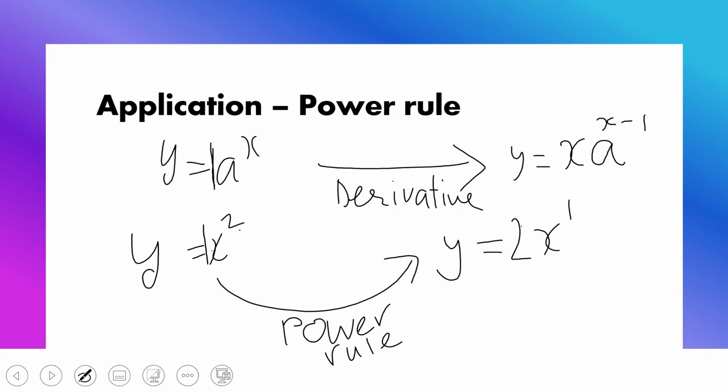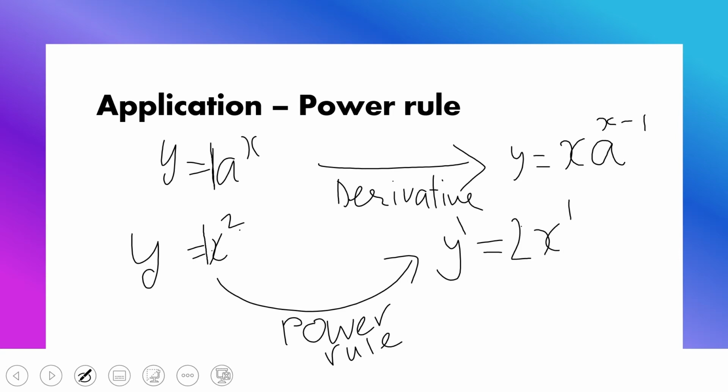You just have to remember that you multiply the exponent by the number in front of x, and then you take away 1 from the exponent. So this is the derivative. See, as I told you, you get another function. I can represent it by y dash to show that it is differentiated.